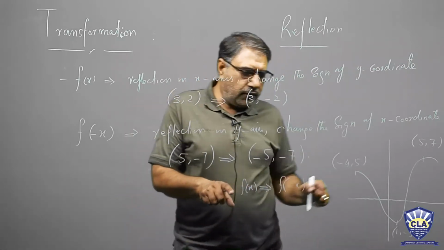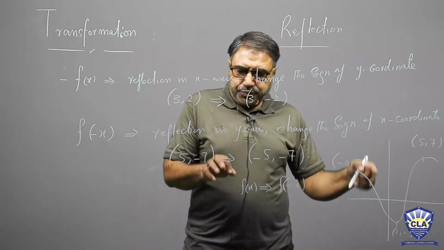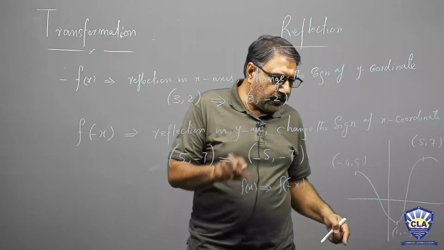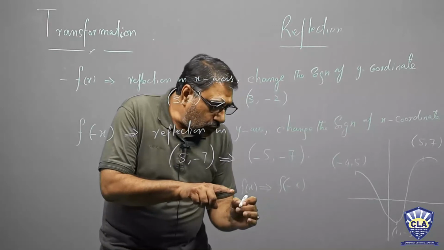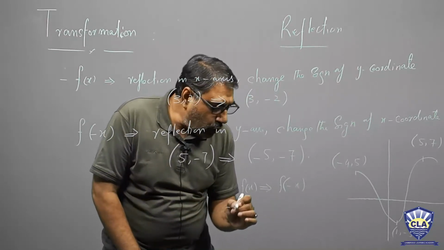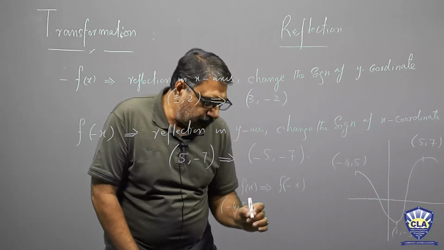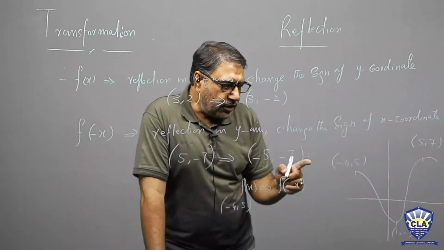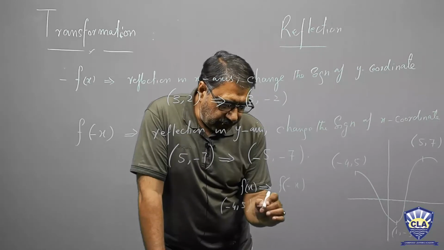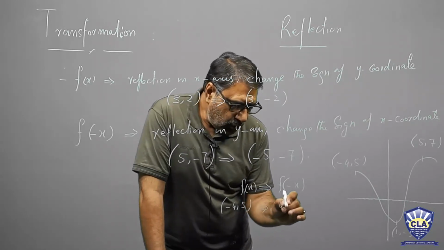So if it is a reflection in the y-axis, change the sign of the x coordinate. So minus 4 comma 5 becomes 4 comma 5.